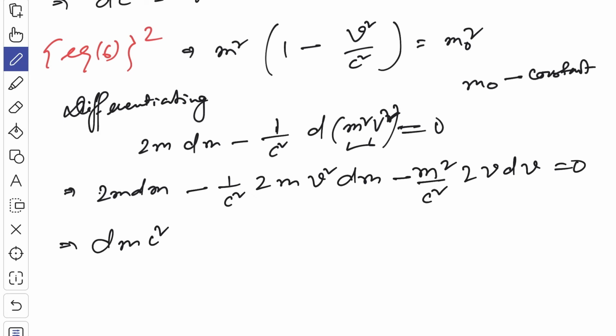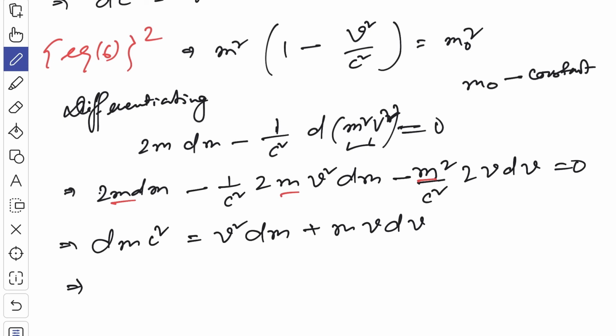Also we divide each term by m, so we get dm c square is equal to v square dm plus m v dv.